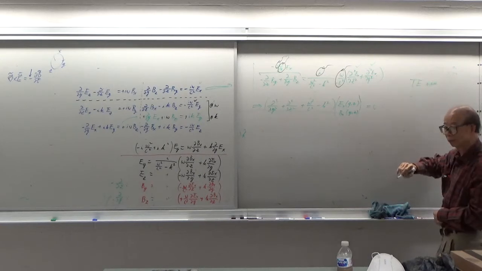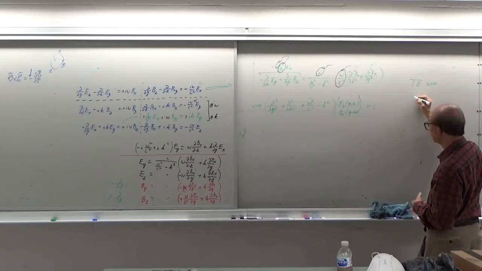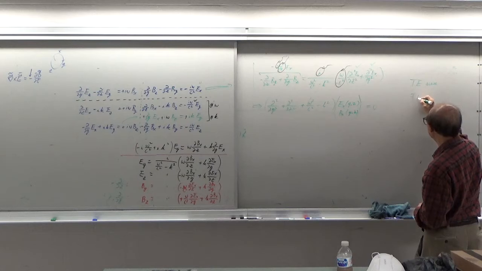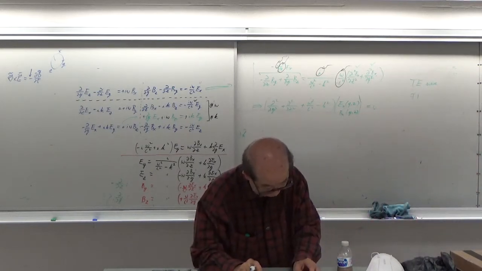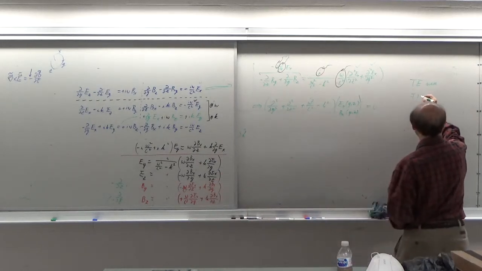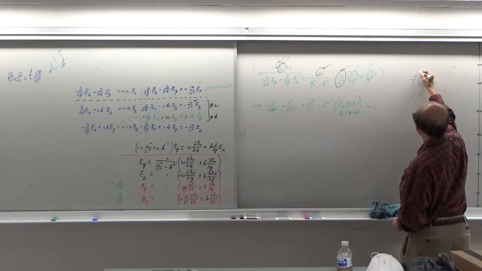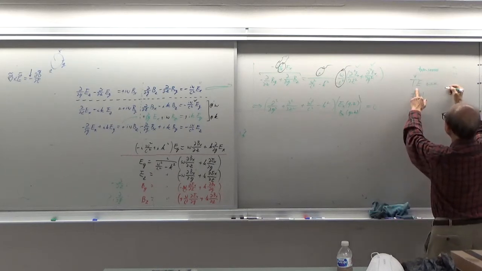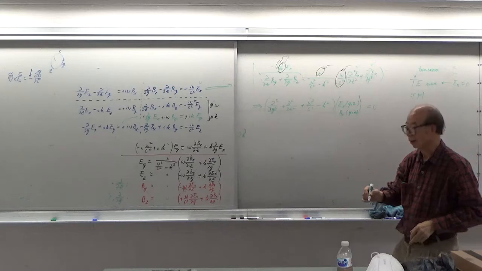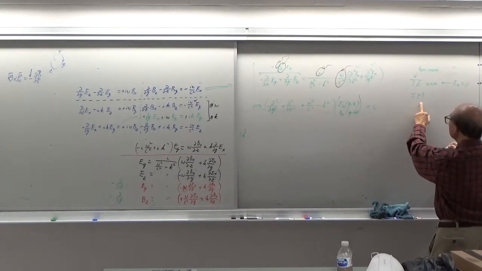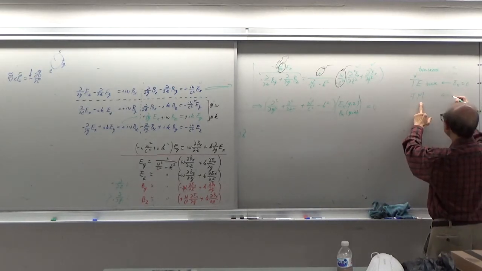The other category consists of solutions involving transverse magnetic, TM. Transverse electric means that for this case, Ex is equal to 0. And for the transverse magnetic wave, obviously, Bx is 0.